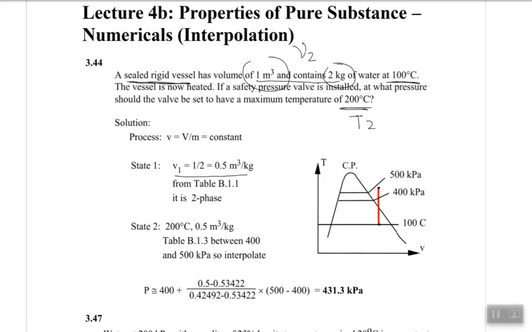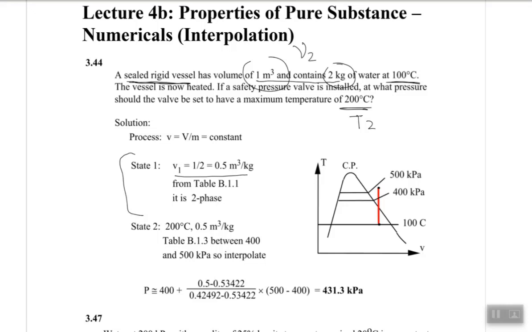That is what the T-v diagram would look like. So what we have to do is go to the steam table. At state 2, we do not have anything to do with state 1.